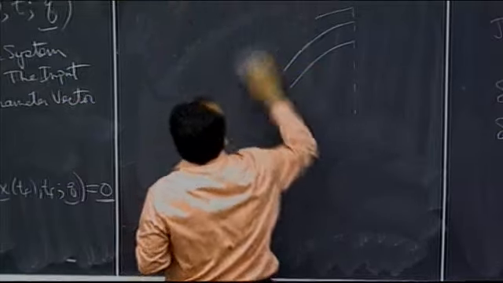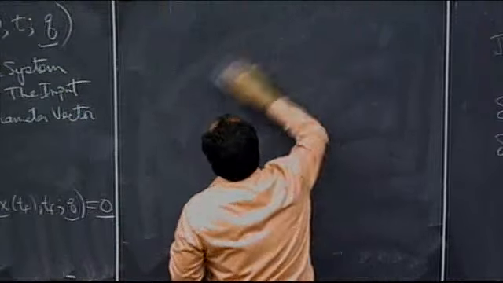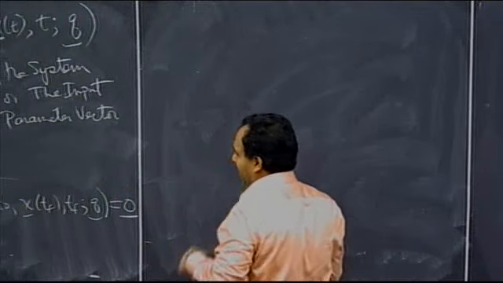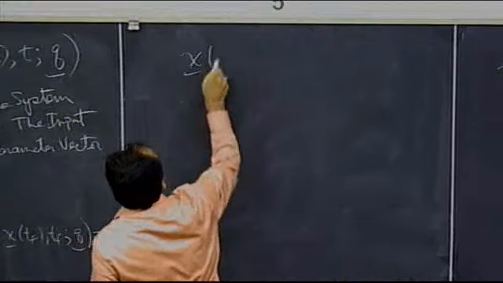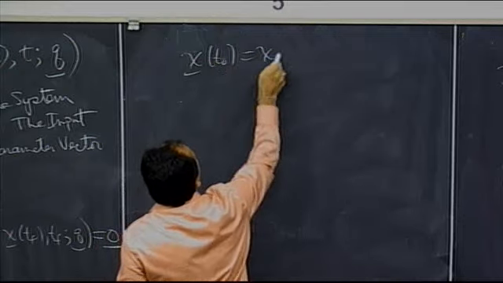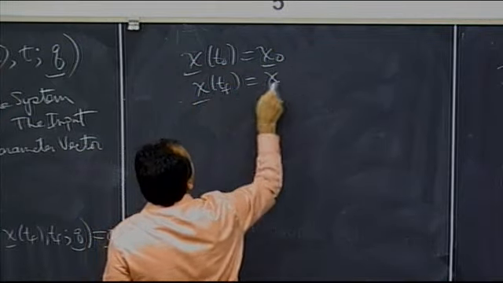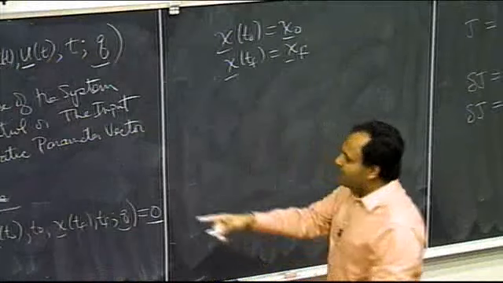I'll give you an example of something that you all know, and I can write it in this particular form, and nobody would get upset if I did this, right? If I say x of t0 is equal to x0, and I say x of tf is equal to xf, you say, well, that's not in that form.